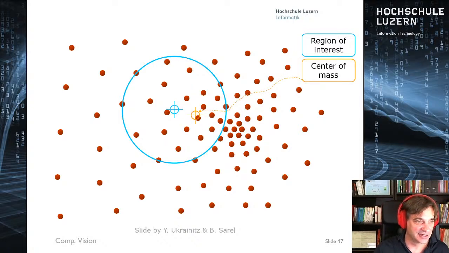You could visualize that as the mean value of the positions of all the red dots that are inside that circle here. Since the dots are more dense in this part than in this part, the mean will be more in this direction. So this is the center of mass, or the mean of all those points here.